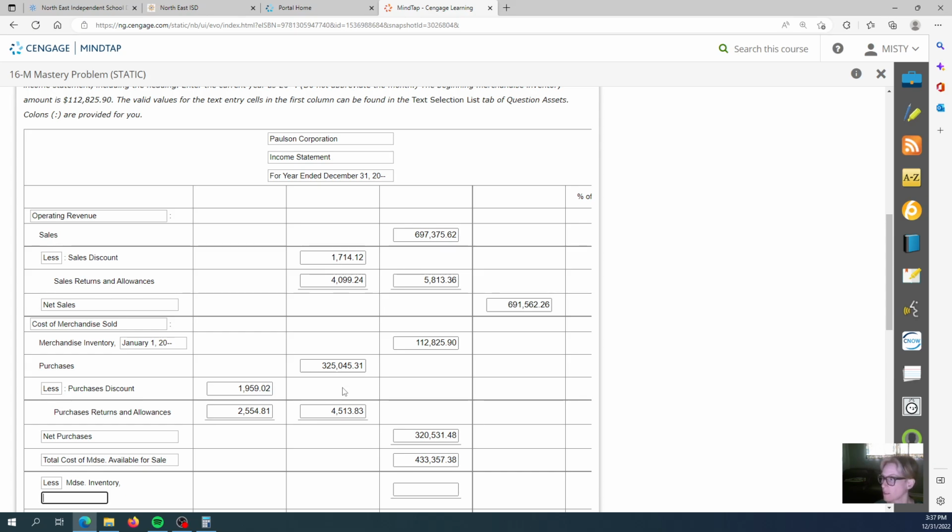Okay, that's what we want to subtract out here. So less merchandise inventory December 31st. And it wants us to put 20 dash dash. Okay, but we all know that is 2022. And so what did we end up with at the end of the year?